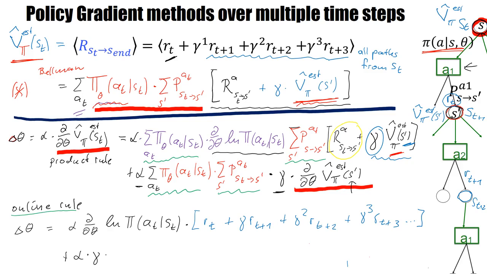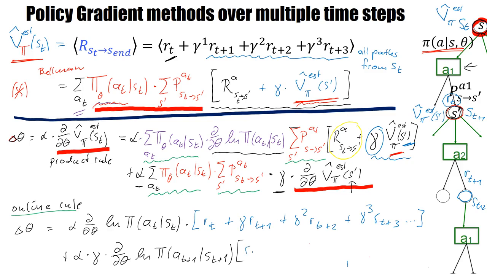So I can just copy the previous line and say d/d theta logarithm of policy. I copy it, but I need to shift it by one time step. So it's now at S_{t+1}.